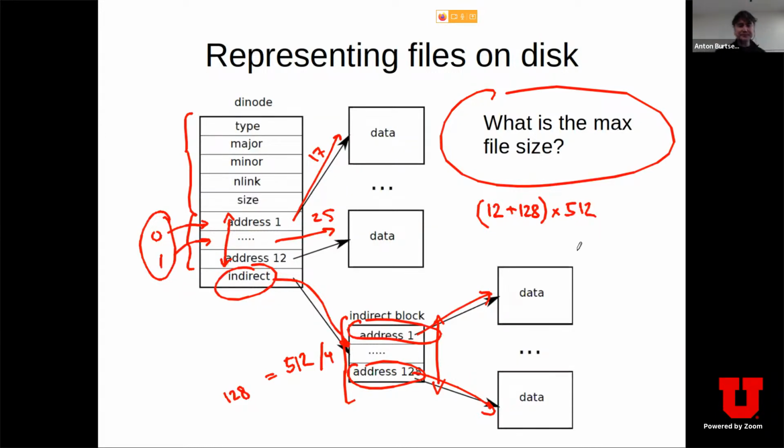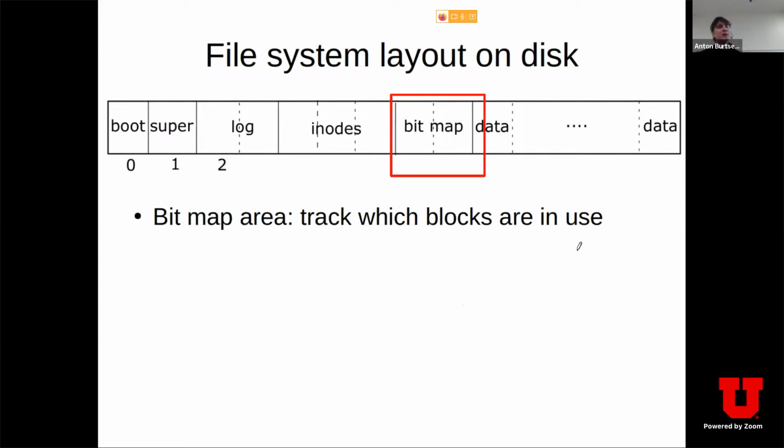It's not bad. Then we have an area of disk which is essentially a bitmap block allocator. It contains a bit for each of the blocks in the data section saying whether it is available or free, right?